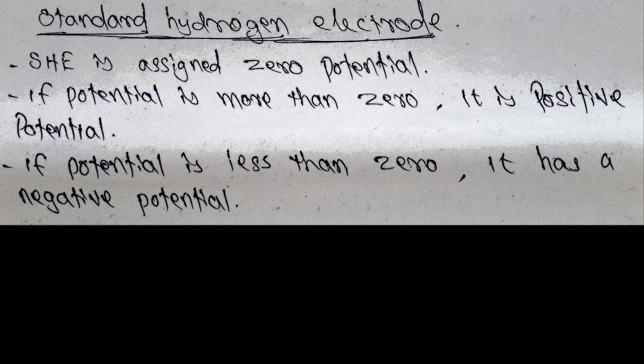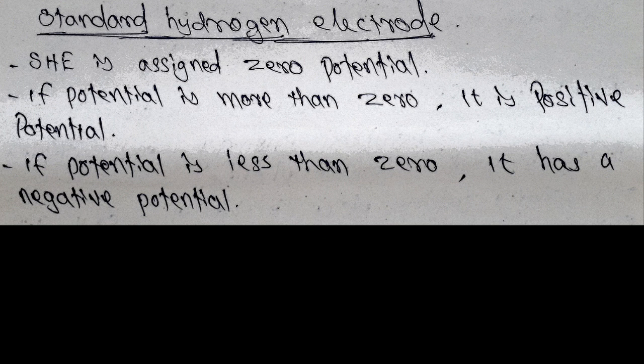Next, we have to discuss writing an electrochemical cell using given electrodes. For example, we are given the standard electrode potential for Cu2+ to Cu, positive 0.34 volt, and the standard electrode potential for Zn2+ to Zn equal to minus 0.76.